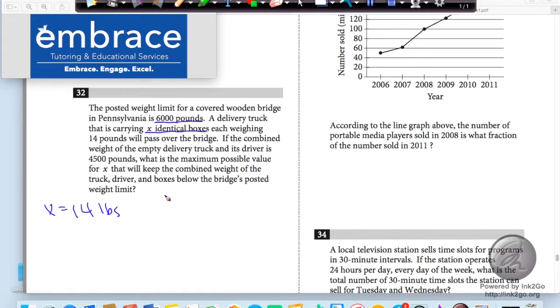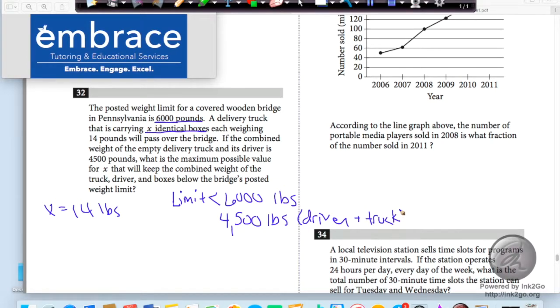So I know that my limit of the actual bridge has to be less than 6,000 pounds. I know that my driver and my truck altogether is going to be 4,500 pounds. So this is including my driver plus my truck here.